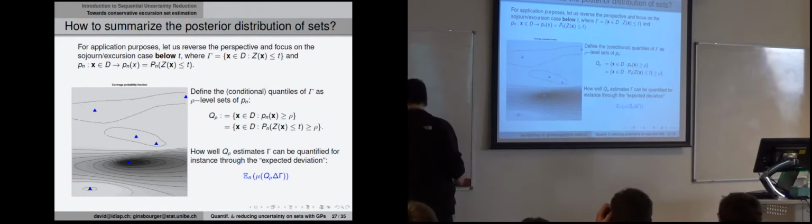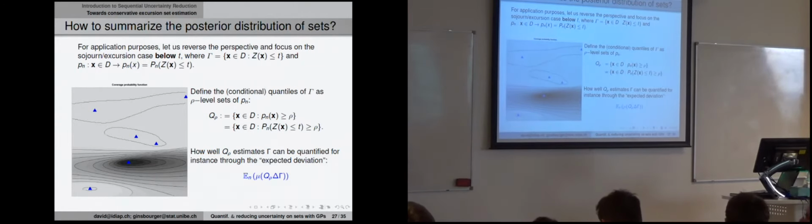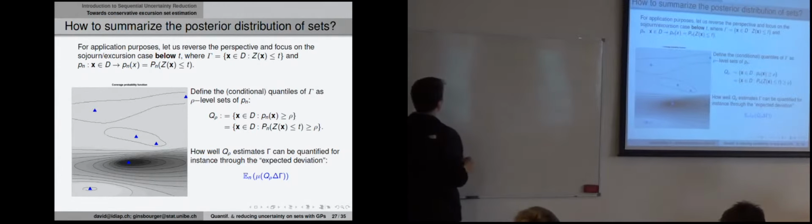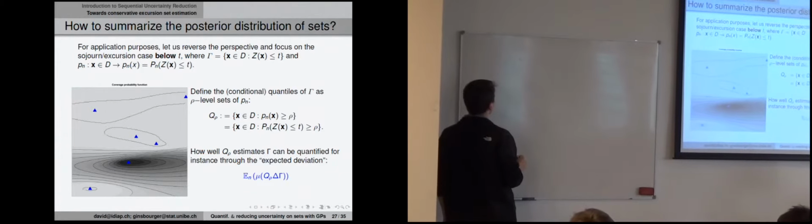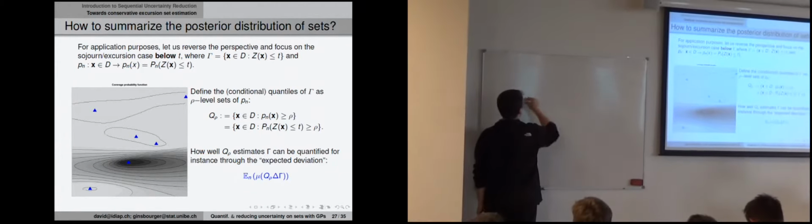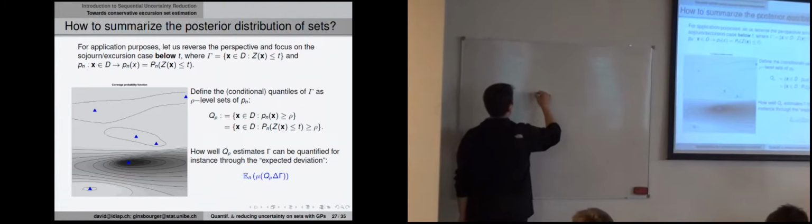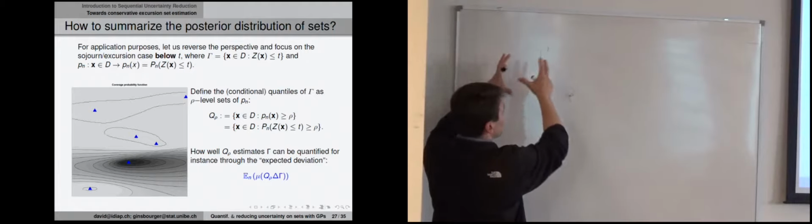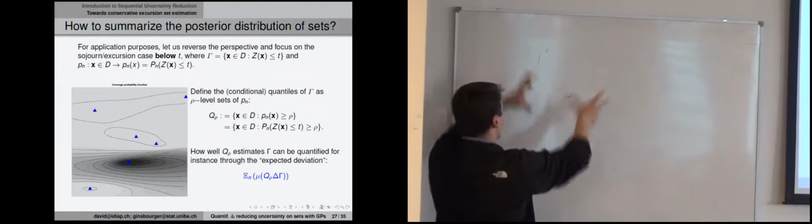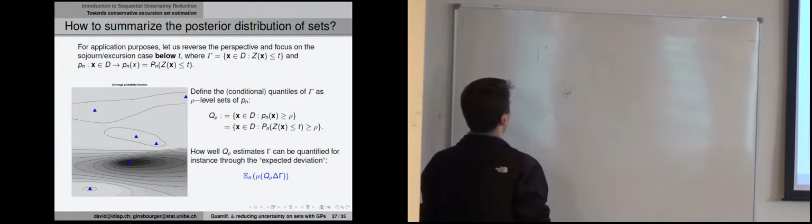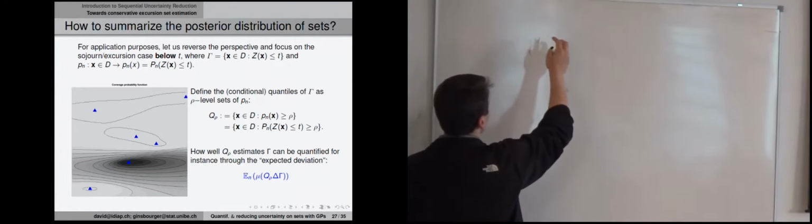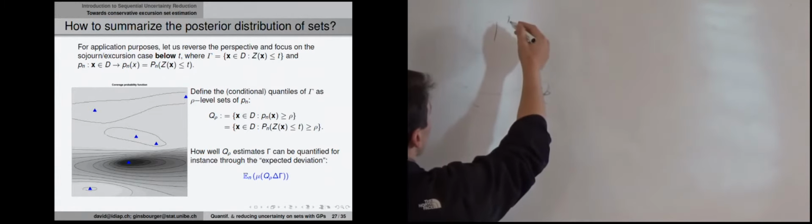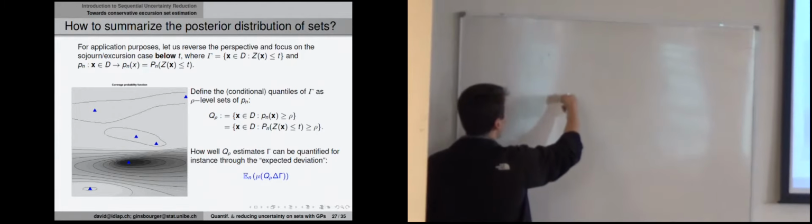Okay, maybe I can draw a picture. So you have your random set, and you have an estimate of it, Q rho, and this guy, gamma, you have to imagine that it's moving around. Okay? Gamma is moving around. But what you can do is formally you can speak about the symmetric difference between gamma and Q rho.